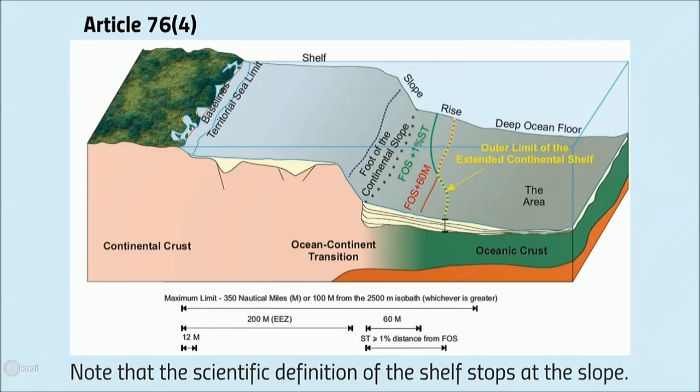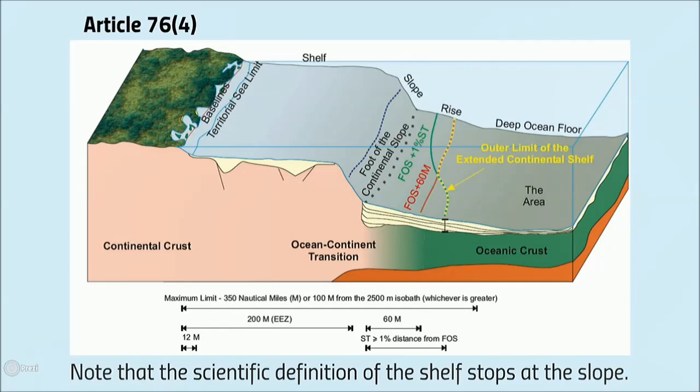So the scientific definition of a continental shelf would normally stop at the slope, but the definition under UNCLOS will include part of the rise as well, beyond the continental slope. And there are two rules here.